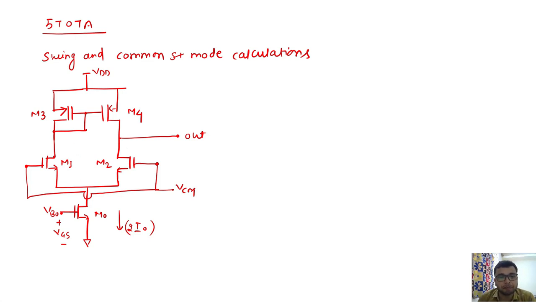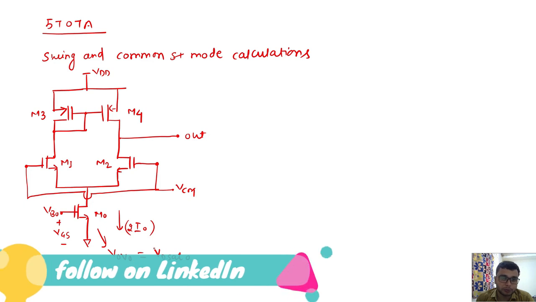Since 2I naught is already fixed by the design and power specs, M naught has some overdrive voltage, which I can call VDSAT0. So M naught cannot go below that value.